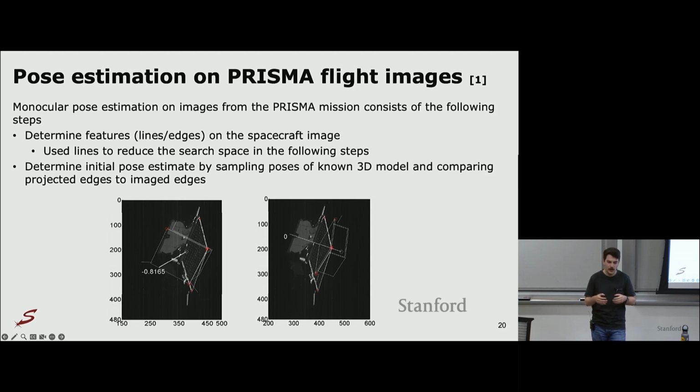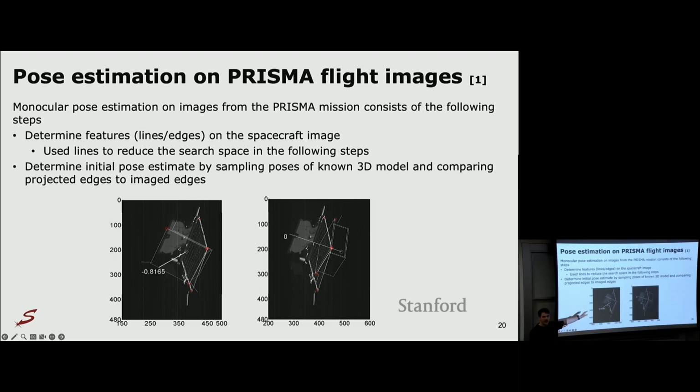From there, you project it to 2D, you try to find the lines on the projection with respect to the image, and then you can calculate an error. Then what they do is select the set of poses which have less than 100 pixels of error. And these are two examples of them. You're seeing that they're okay, but not great.